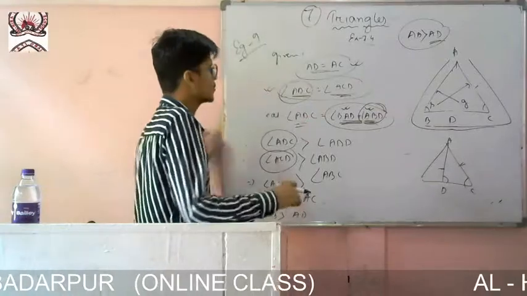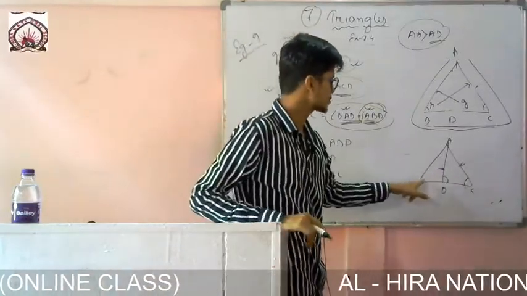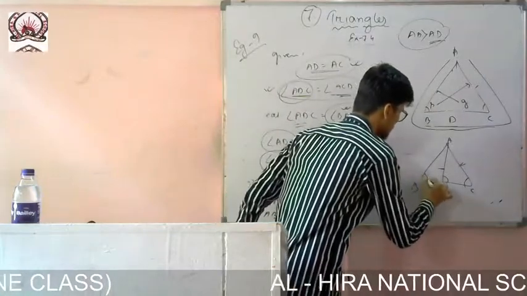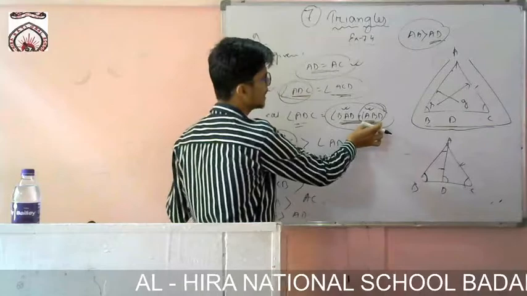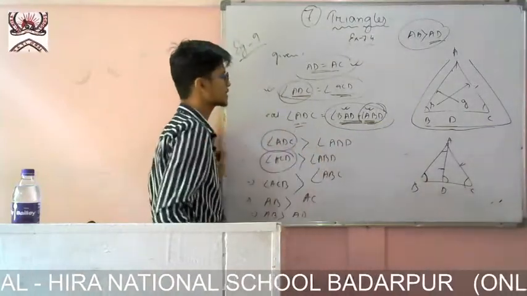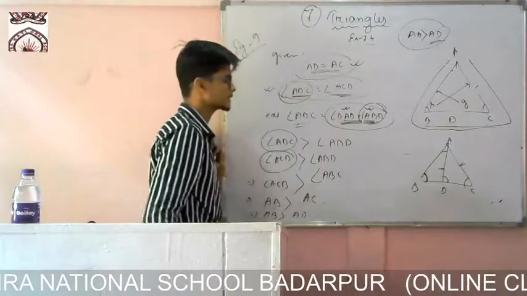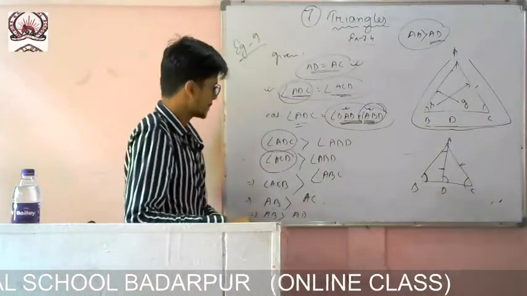By the exterior angle property, we know that ADC will be equal to the sum of this angle plus that angle. That means if I only take particularly ABD, this one will be greater. So ADC is greater than this one. ADC and ACD are the same, so in place of ADC I am writing ACD. Okay.